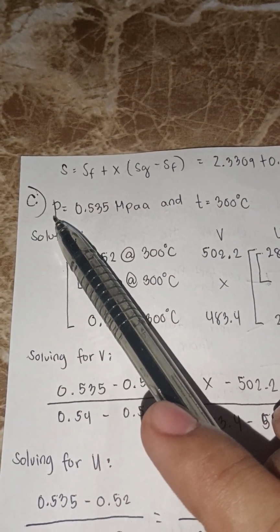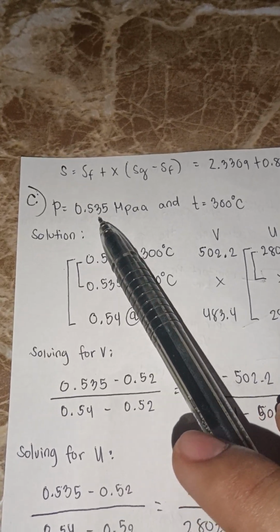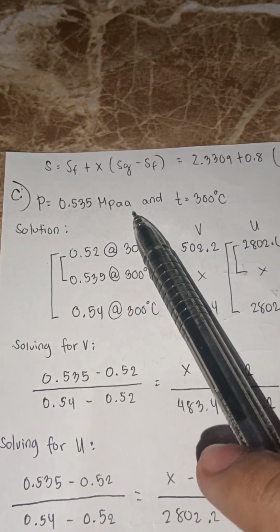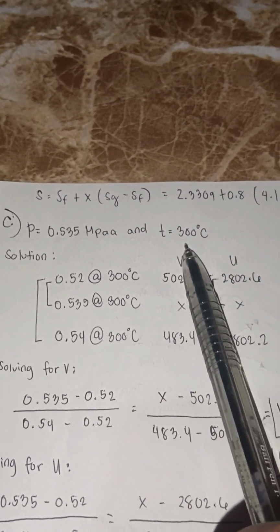So the C, so pressure is equal to 0.535 megapascal absolute, and that at the temperature of 300 degrees Celsius.